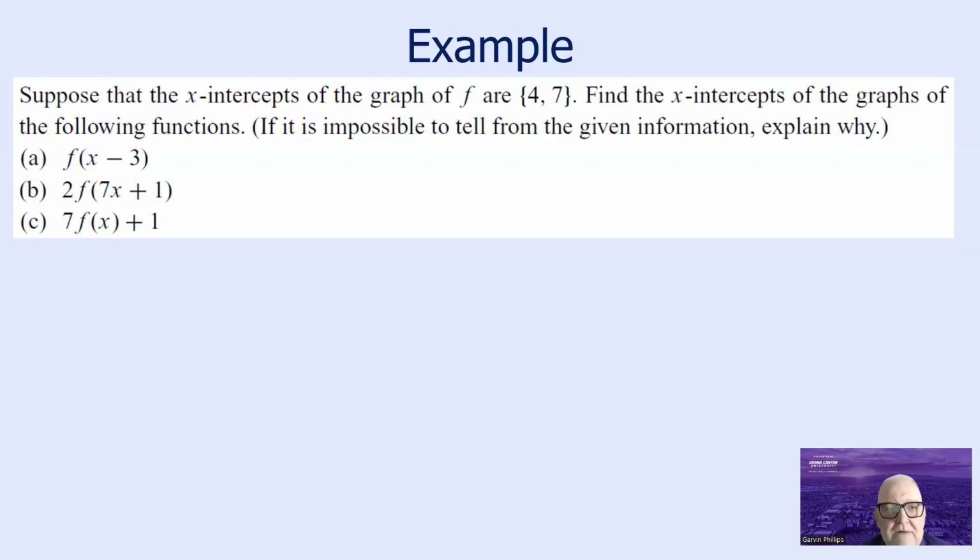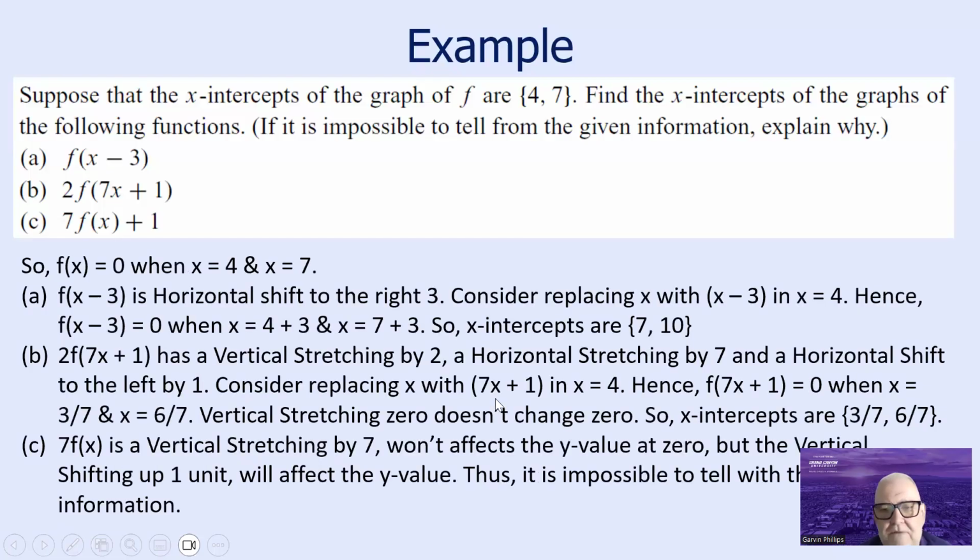So f of x minus 3 is a shift to the right of 3. Well, that one's pretty easy. If I'm shifting 4 to the right and I'm shifting 7 to the right, the easy way is to consider replacing the x with 4 and then with 7.